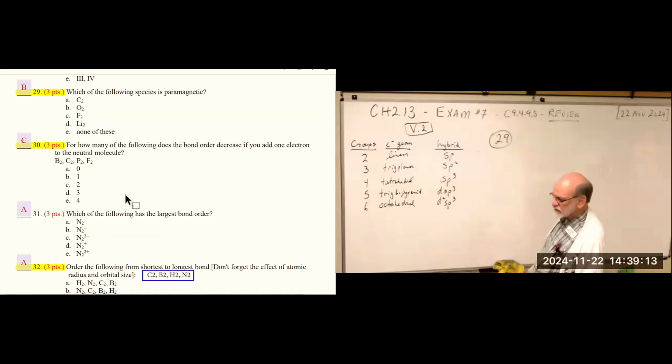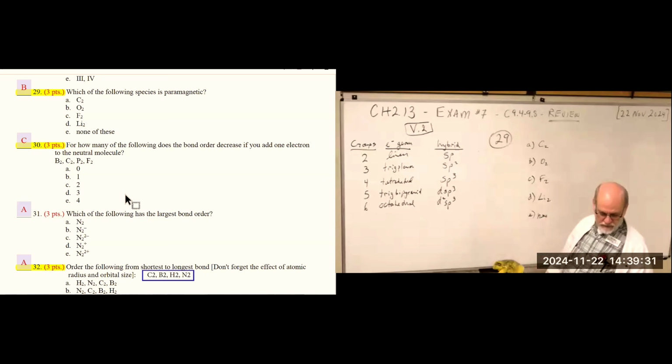All right, C2, O2, F2, and Li2. And then E is none. So what we mean by none is there are no paramagnetic species, that they all have to be diamagnetic. Well, we know oxygen is paramagnetic. We just have to prove it.